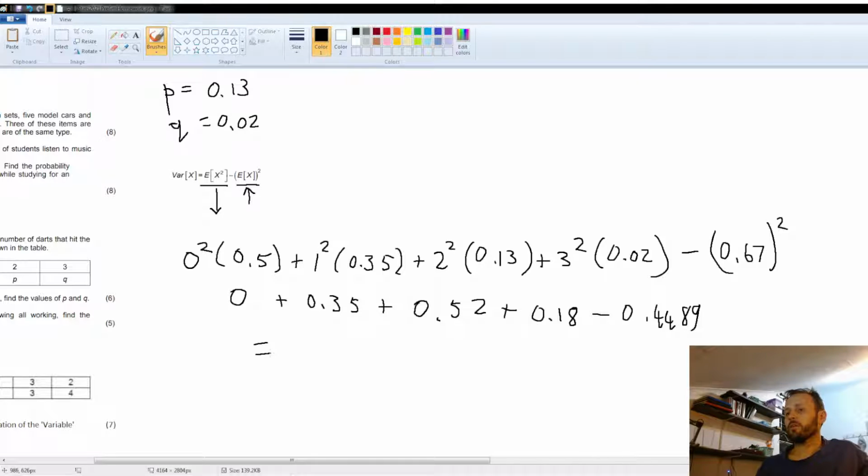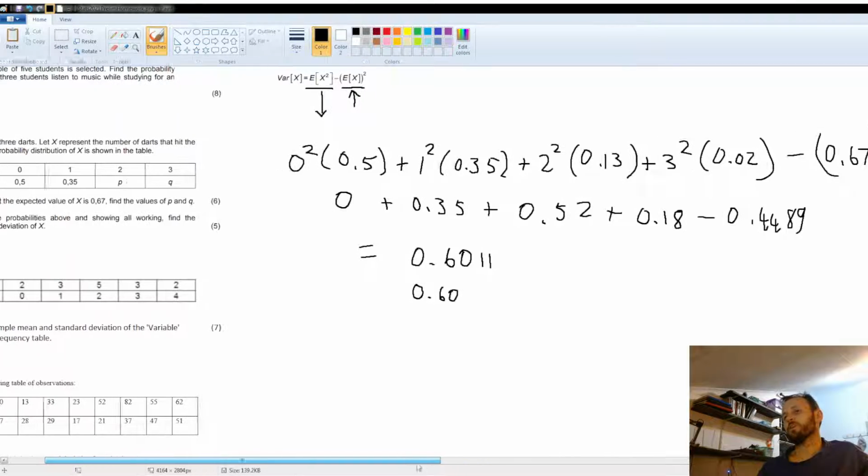There it is there, and we work out what that is. It's 0.35 plus 0.52 plus 0.18 minus 0.4489. It's 0.6, and I think they asked for 2 decimal places, but I'll fill out the whole thing. 0.6011. Of course, if they ask to 2 decimal places, it's 0.60.